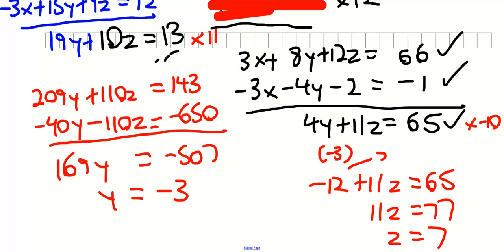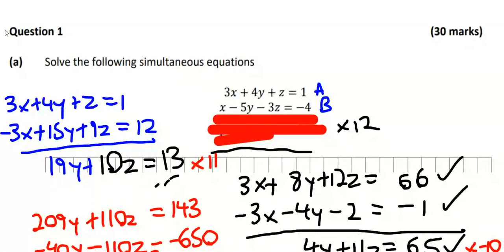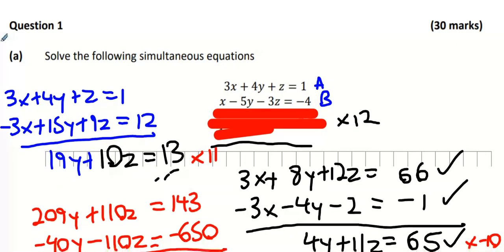Okay, and then after that, we now have to find the x value, don't we? Which equation is easier? I think B, because x is already on its own. So I'm going to use equation B here. I'm going to say x minus 5 times, what's y again?